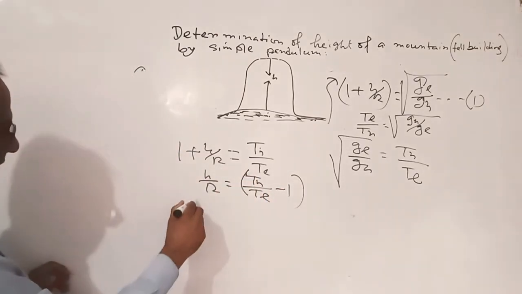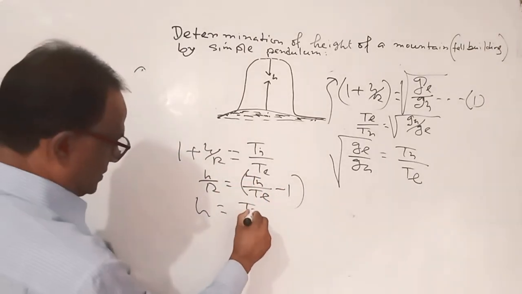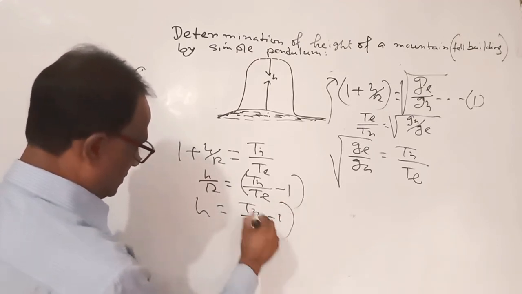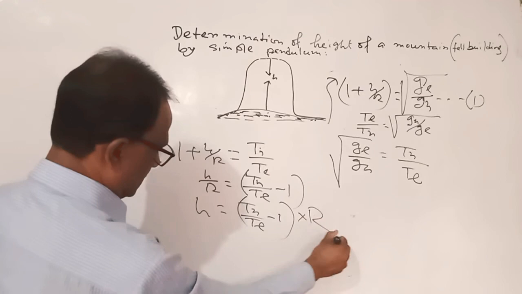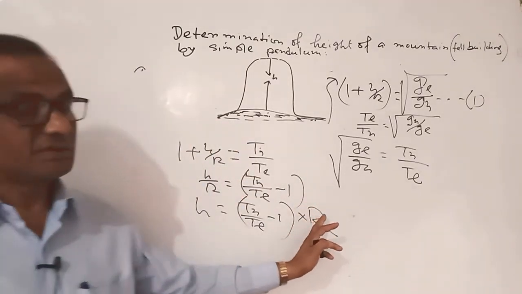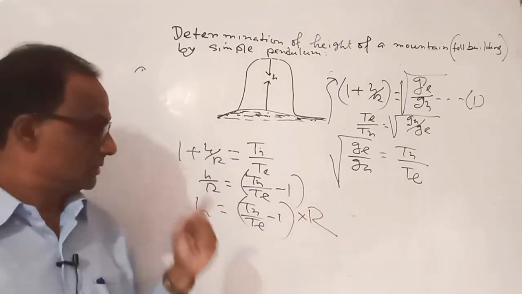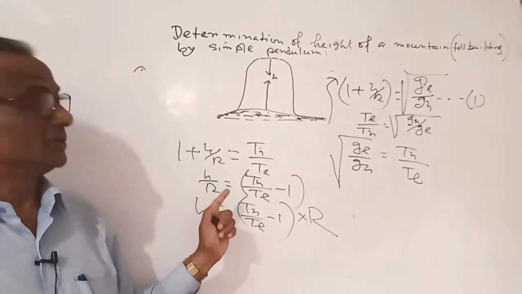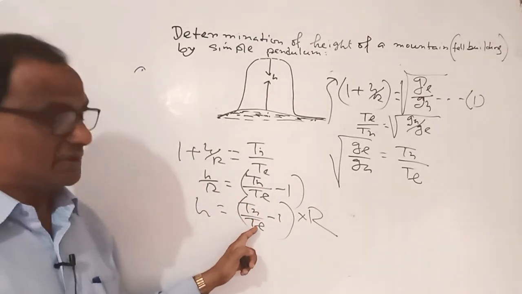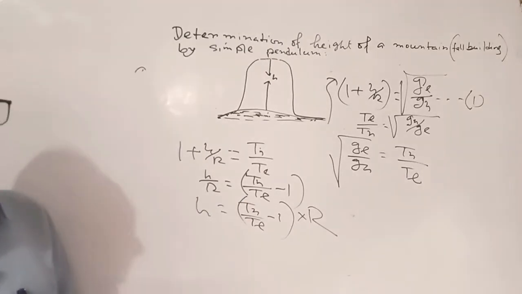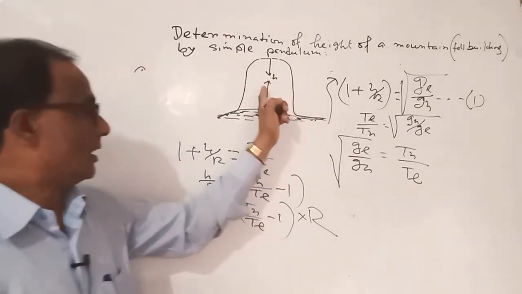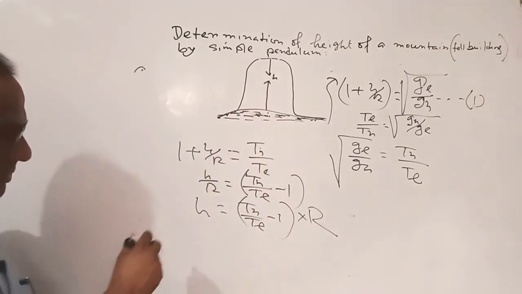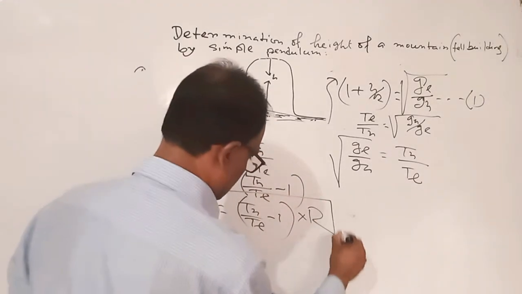So h equal to (Th by Te minus 1) into R, where R is the radius of the earth, Th is the time period on the hill, and Te is the time period of the oscillation of the simple pendulum on the earth surface. So h equal to this.